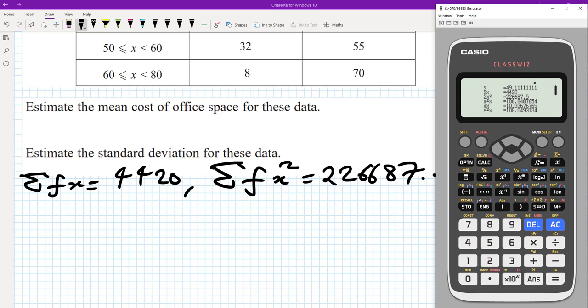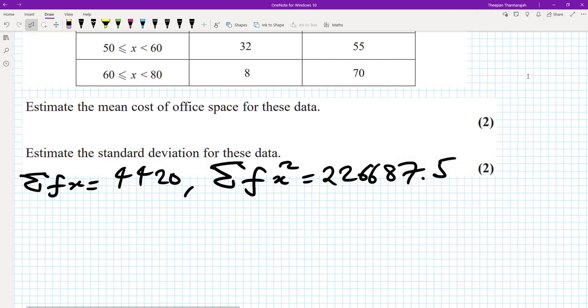So the sum of fx squared is 226687.5. And we also need to know the total number of values, the sum of f. We get that from n, which is 90. Double check, this is 90, it's correct. So let's write: sum of f is 90.